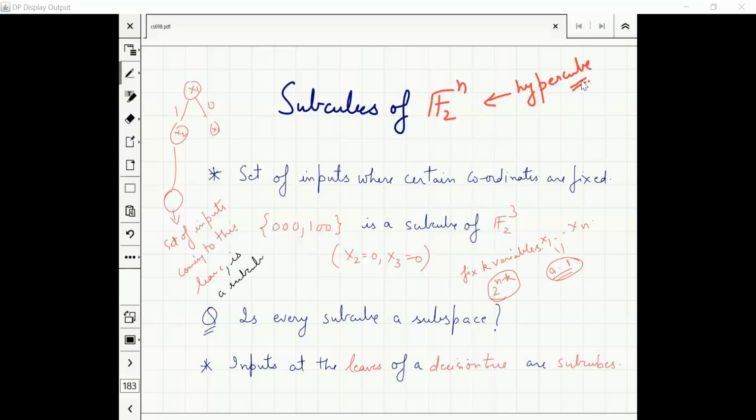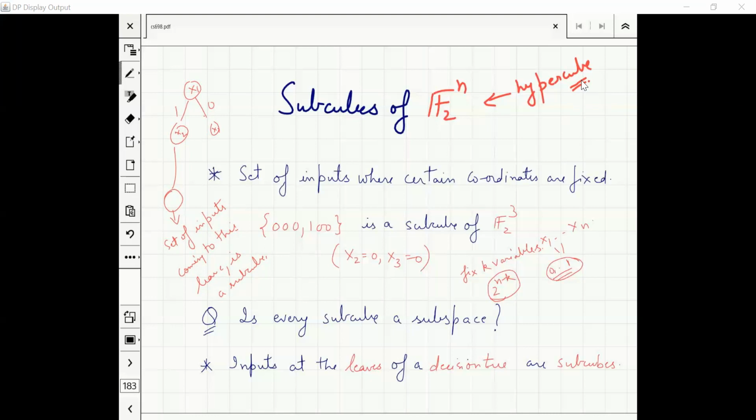In some sense, the subcube definition is motivated by this, because the inputs coming here are those where x1 is 1, x2 is something, x3, and so on. You are convinced, right? Is the definition of subcube a problem?